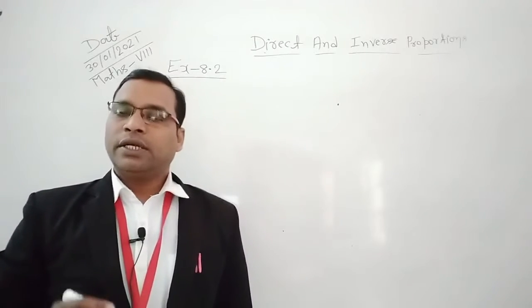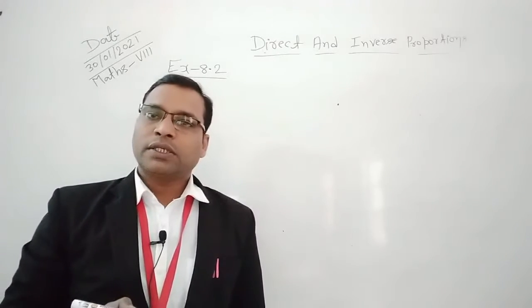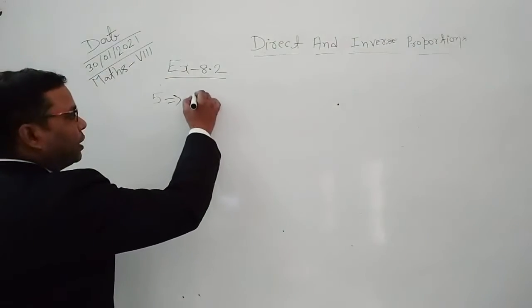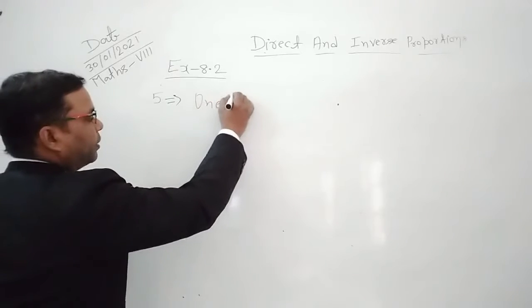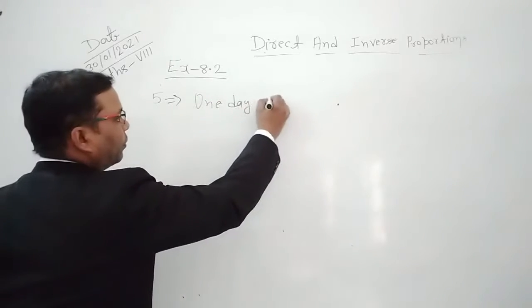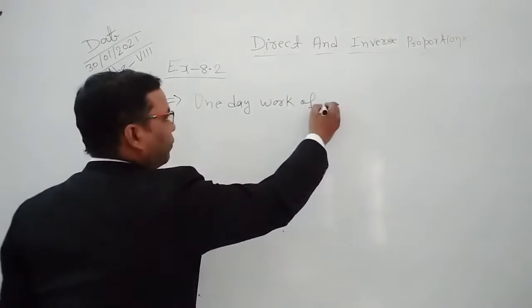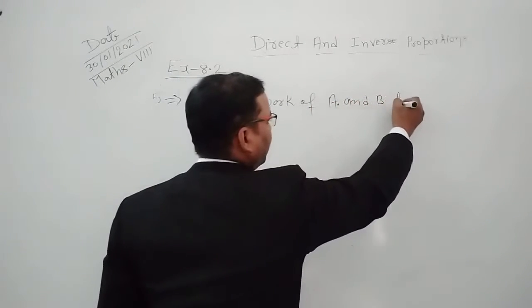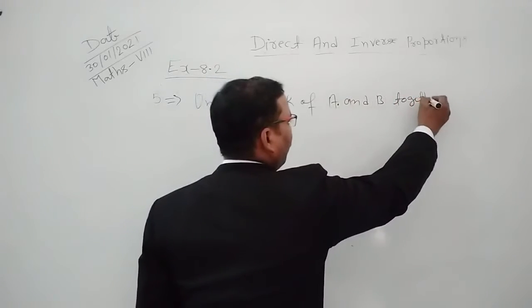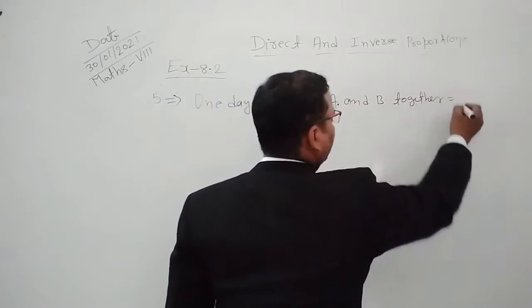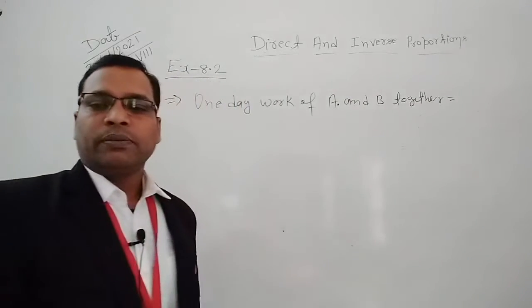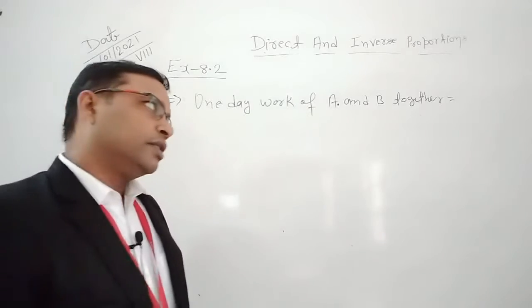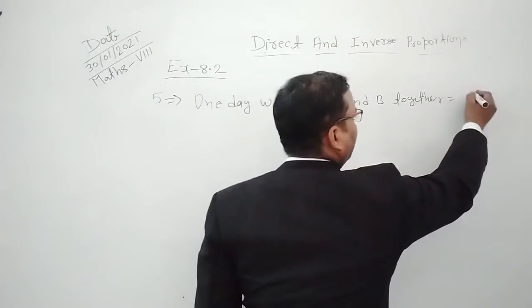So here you find the 1 day work of A and B together. This is equal to 1 upon 20, because in 20 days A and B complete the work.